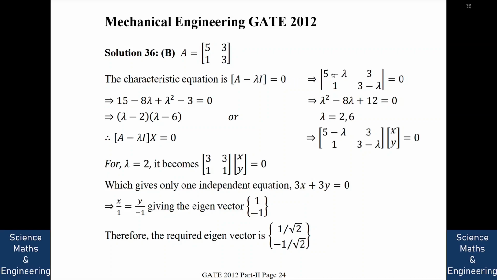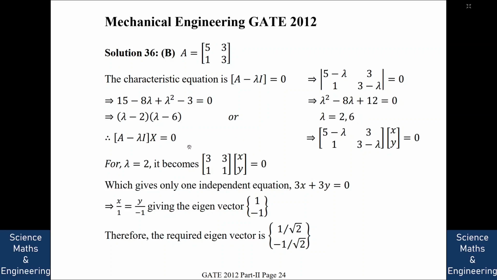So modulus of 5 minus lambda, 3, then 1, and 3 minus lambda is equal to 0, which implies 15 minus 8 lambda plus lambda square minus 3 equal to 0, implies lambda square minus 8 lambda plus 12 equal to 0. That means lambda is equal to 2 or 6.